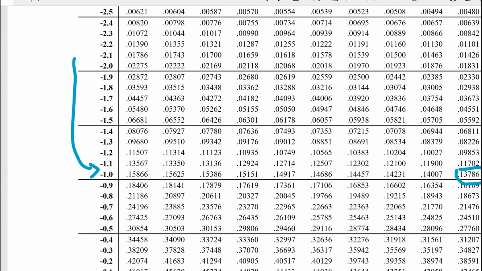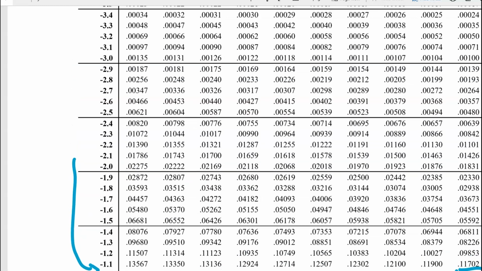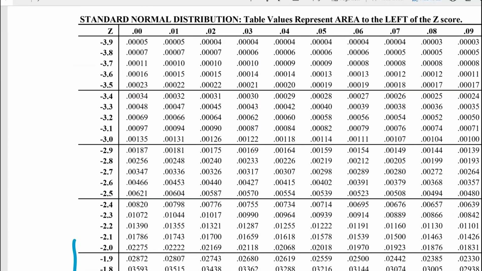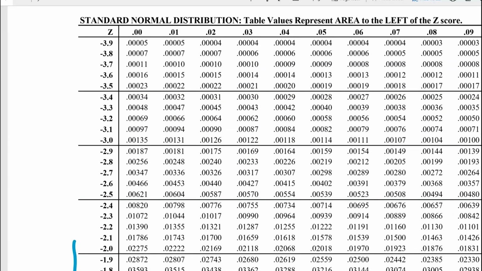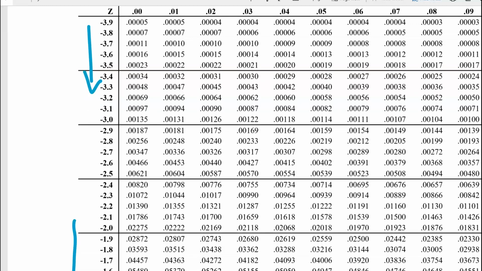Let's see, I find it right away. I already have my little arrow towards it. That's negative 1.0. And if we cruise across these columns, we can see that the last column represents the hundredths place of 0.09. I assume that you already know how to use a z-table, but in general, we have our z-scores over here and our hundredths place in columns.